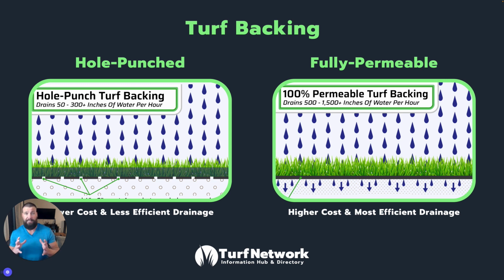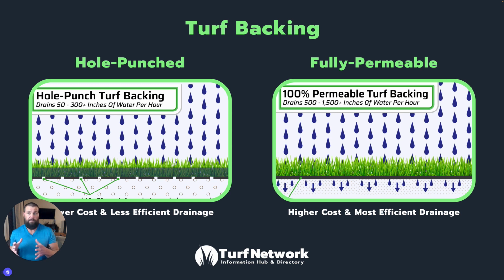And the backing is relevant and important to the context of an artificial turf installation, because the backing is what facilitates drainage. It allows water, or if relevant, pet urine, to pass through the turf and into the subbase, and will eventually percolate through that into the soil below.